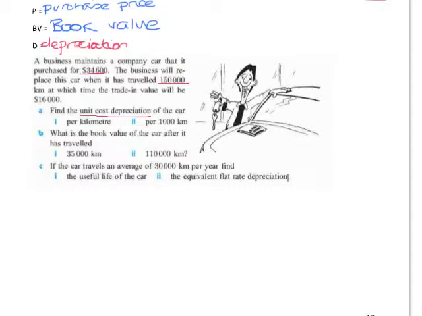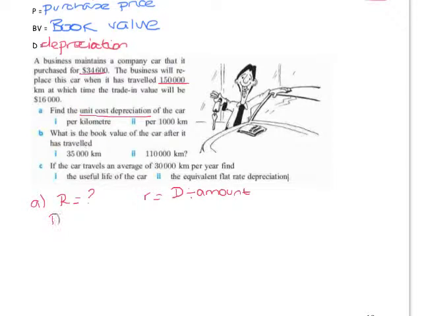The unit cost depreciation is actually the rate of depreciation. In order to find the rate, we have to do depreciation divided by the amount of use.